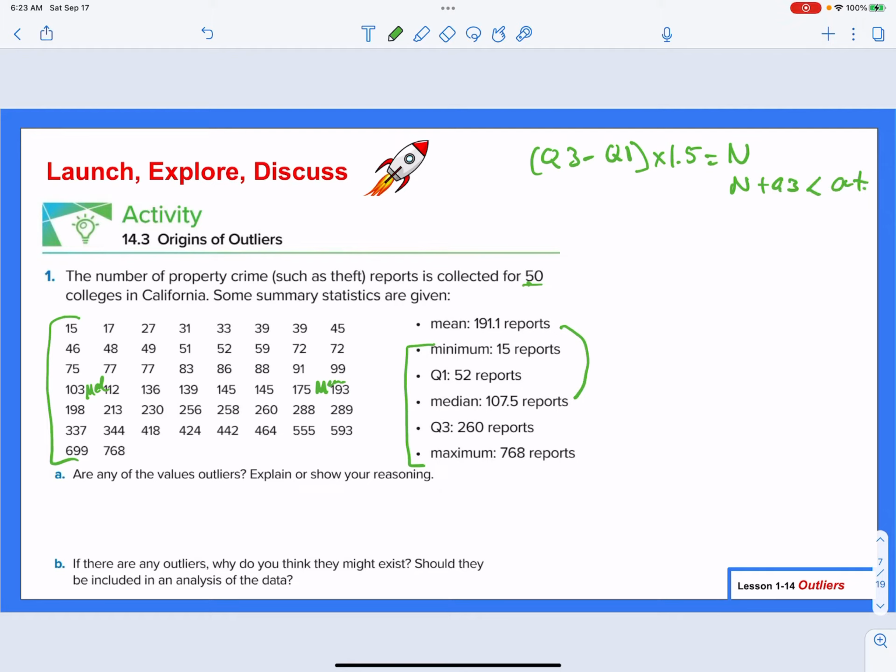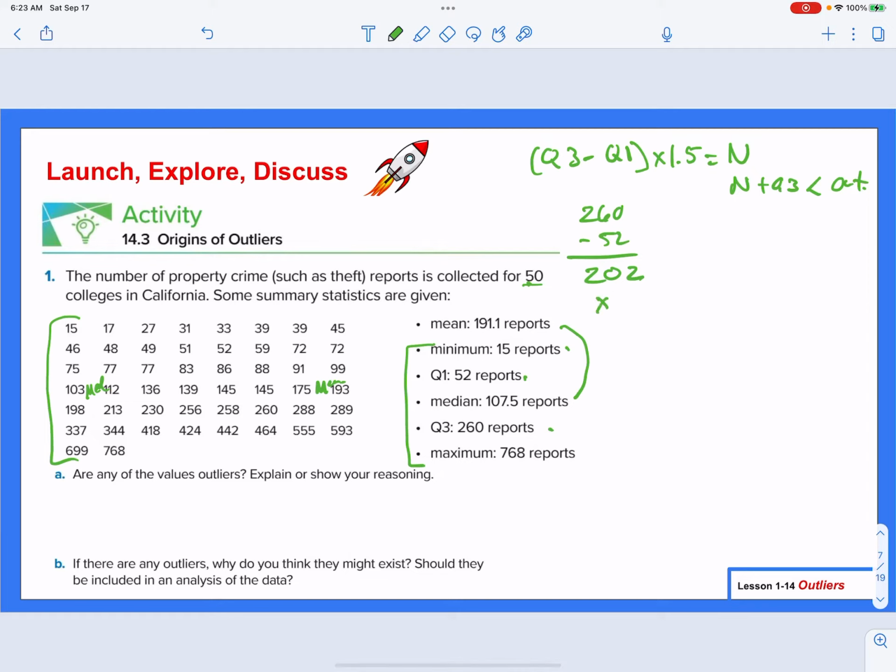Okay, so for this we have 260 minus 15, which is going to get you 245. That's our Q3 minus our, I wrote the wrong number. Gotta write the number. We got to do minus 52. 260 minus 52 is 202.